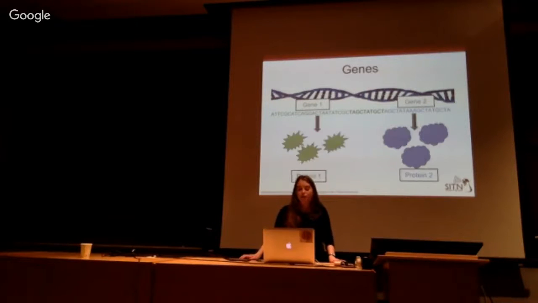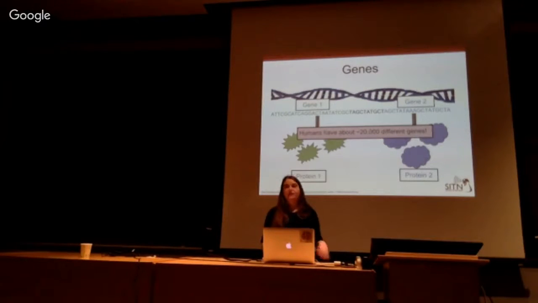Each of these separately provides the instructions for two different proteins: the green is for green protein 1, and the purple is for purple protein 2. So genes are physical segments along the DNA, which are independent and individually give rise to the proteins that we need. To give you a sense of scale, humans have about 20,000 different genes. So there are lots and lots of different proteins in your body that all need different sets of instructions.